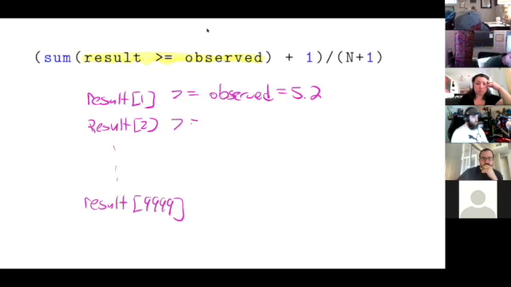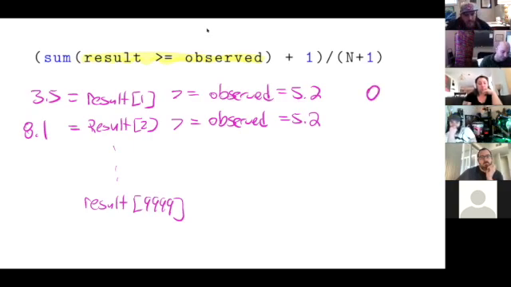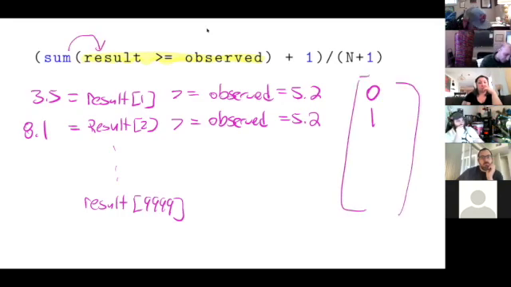So it's going to go through and take a look at all of these differences that you got in your vector result. So maybe result 1 is like 3.5, and result 2 is 8.1. And it's going to compare your simulated difference to the actual one. And if it's a false statement, then it's going to have a 0 over here. And if the statement is true, it has a 1. And then this sum says we'll add up all of these values.